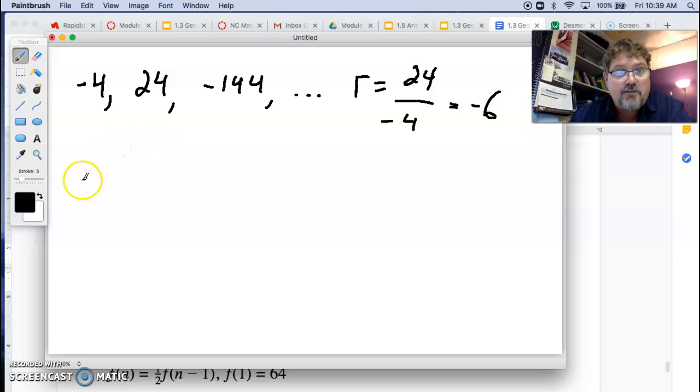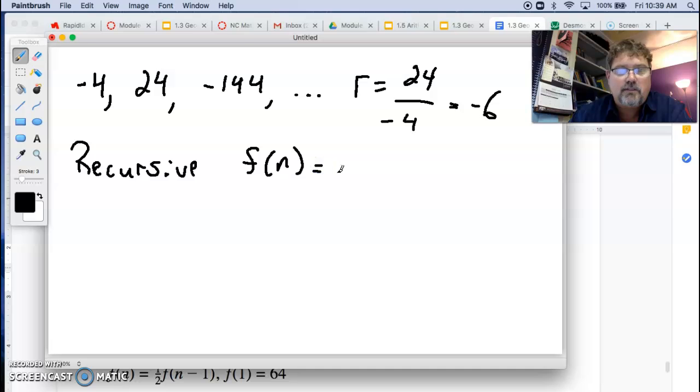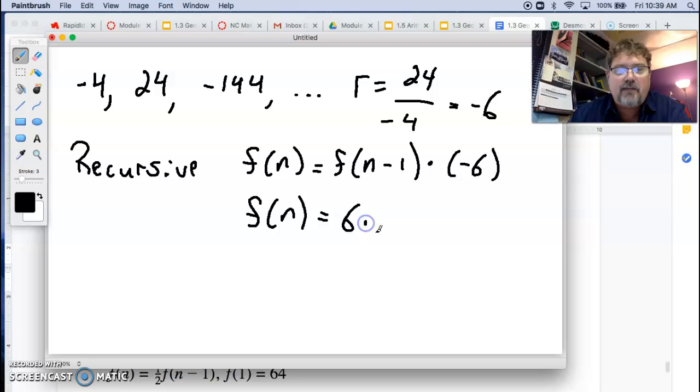To write the recursive form, we'll write that here, recursive. We would say f of n is defined as next. Take the term before it and multiply by -6. You might like it better with that out front. You need it to be negative.